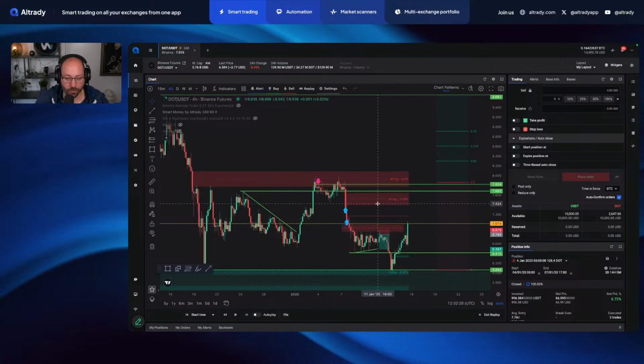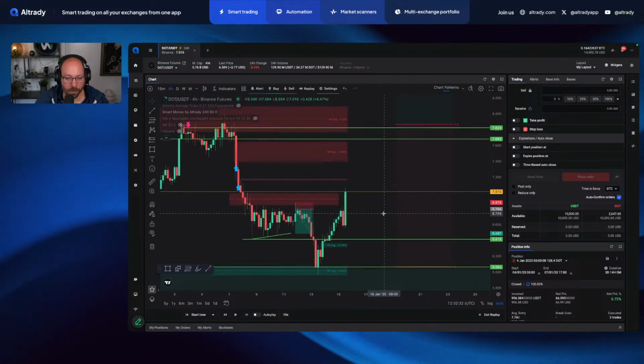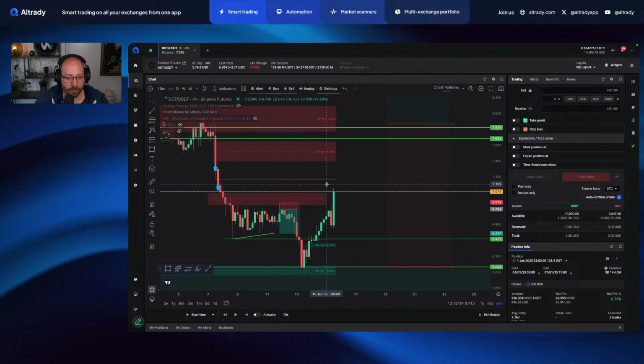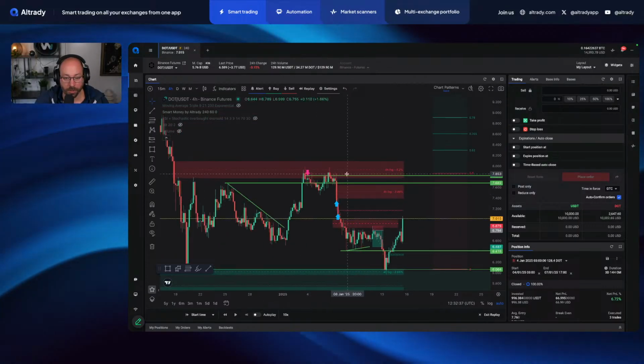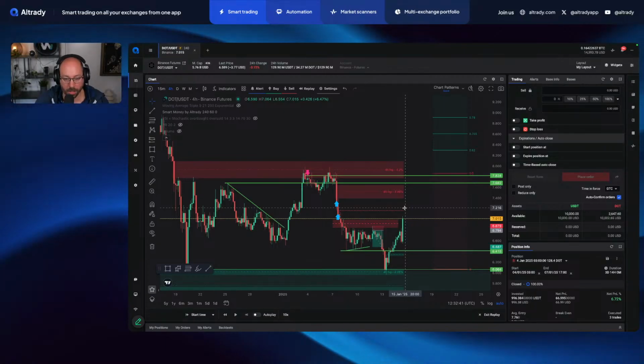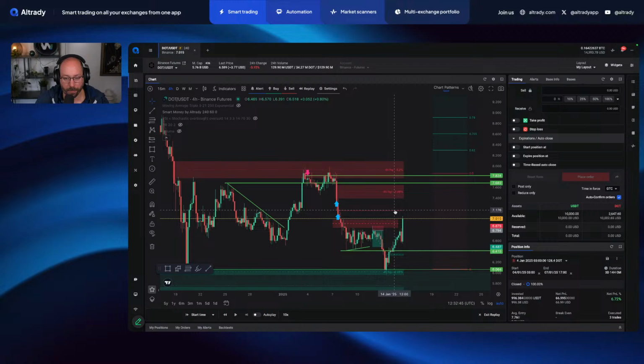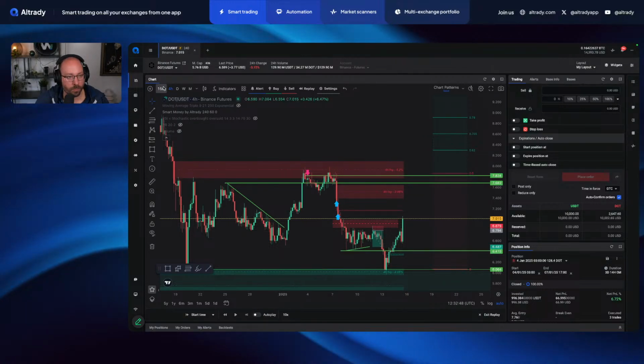No, yeah, push through. So this is the first 4-hour fair value gap, which in the order flow system would still be a good entry. So which one? This fair value gap. Yeah, it could work.